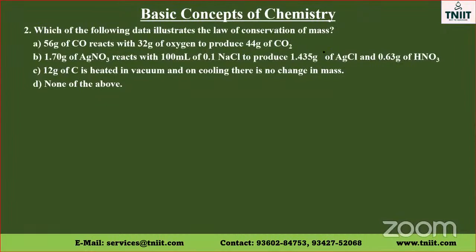Which of the following data illustrates the law of conservation of mass? Now the first one is 56 grams of carbon monoxide reacts with oxygen to produce carbon dioxide. They say 44 grams of carbon dioxide, 32 grams of oxygen, and 56 grams of carbon monoxide.